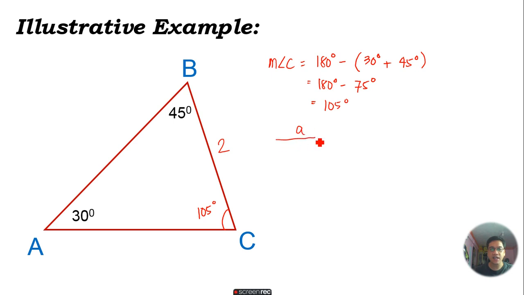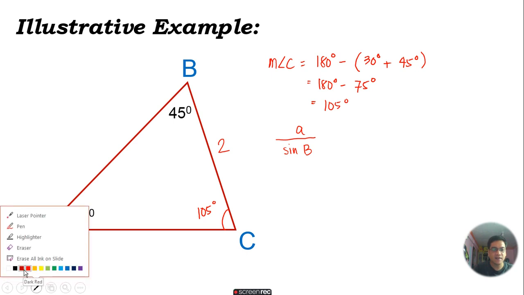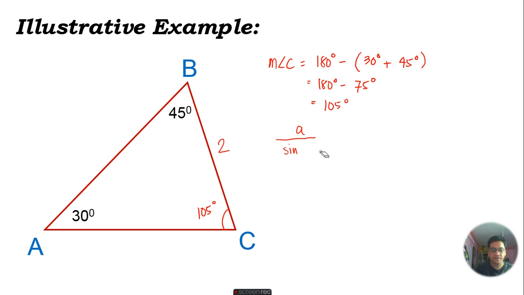That is side A over sine of angle A, equals side B over sine of angle B, which is equal to side C over sine of angle C. Now, the next thing to do is to substitute all of the given values.